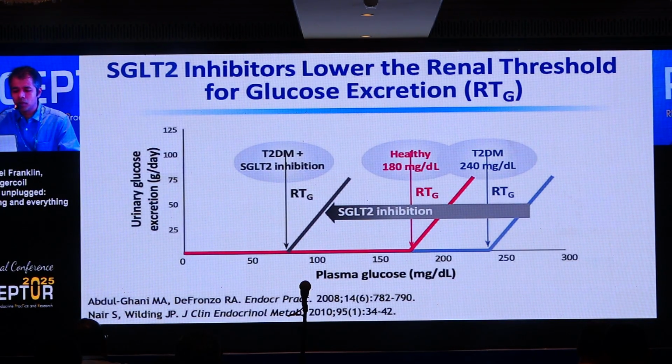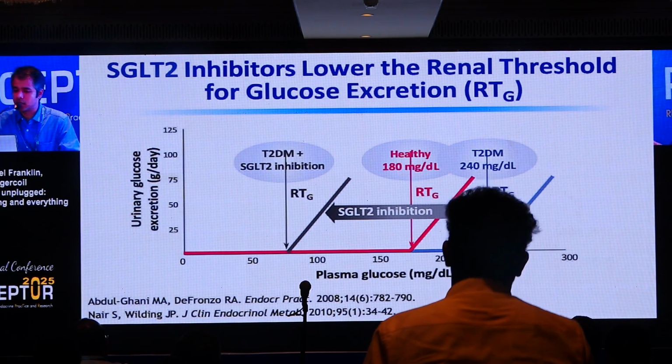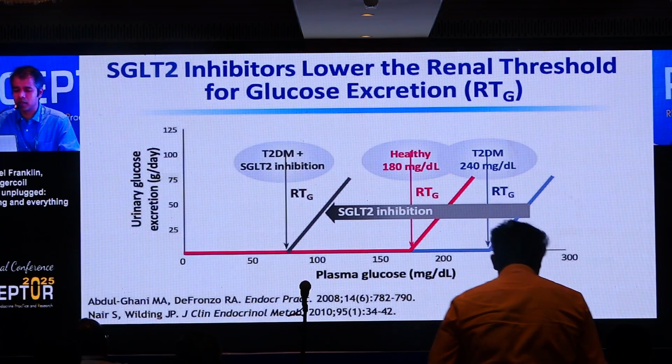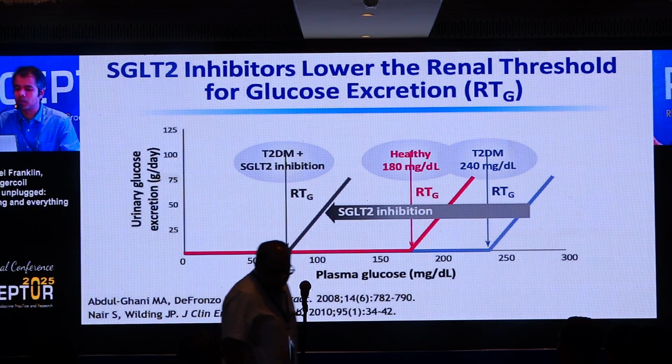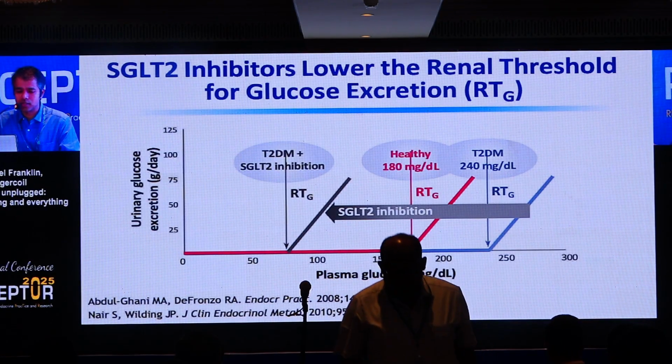Now you might be thinking, if such is the scenario, then it should be more prone to hypoglycemia. No, that doesn't actually happen. Two hypotheses have been explored. One is that as the patient excretes more glucose in the urine, a signal goes to the liver, which leads to increased glucose production, which more or less equates the amount of glucose lost in the urine.